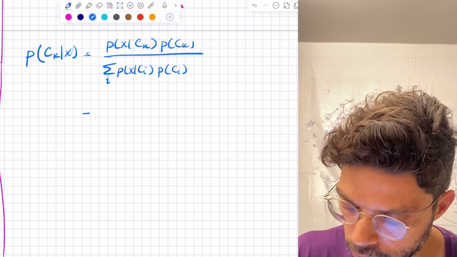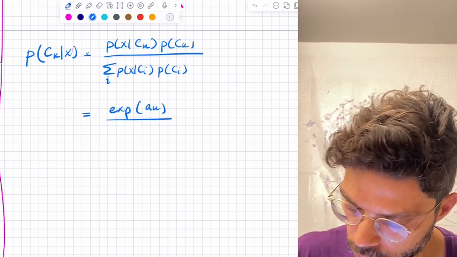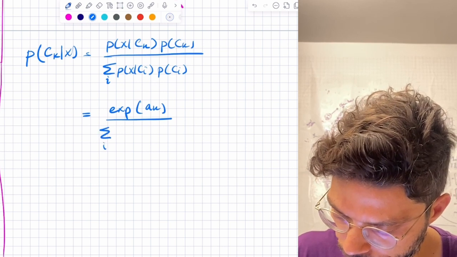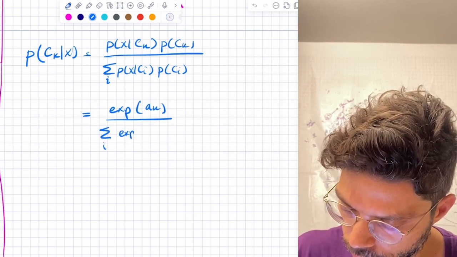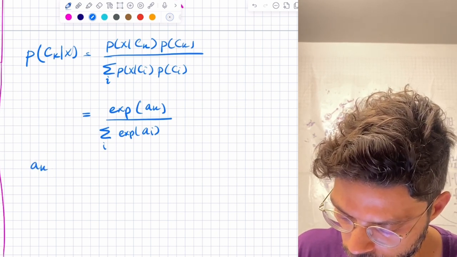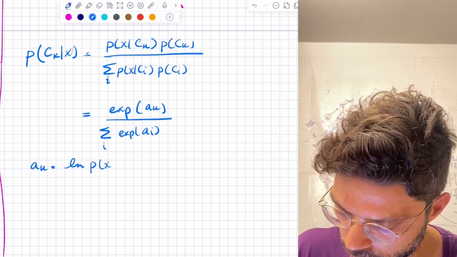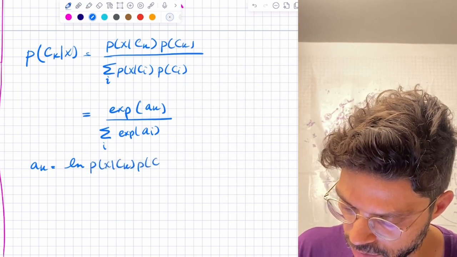We're going to write this in its softmax form, exp of a_K over the sum over i of exp of a_i, where these a_K are going to be ln of P of X given C_K times P of C_K.